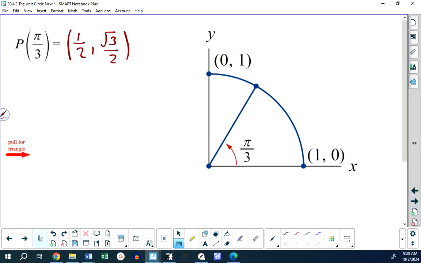Just for kicks, what is the decimal approximation of root 3 over 2? It's almost 0.9, I think, 0.866. Well, that certainly makes sense because if you look at the y-coordinate of this point, it's very close to being at the top where it maxes out at 1.